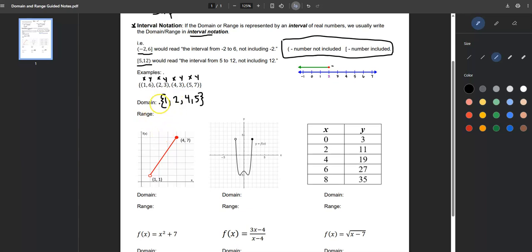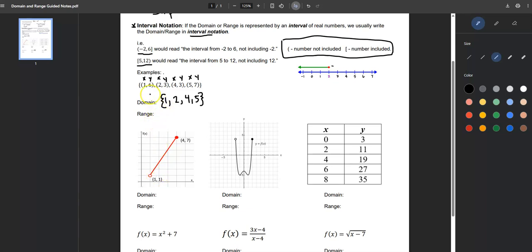Okay? And this would be my domain. I would just write it out. That's going to be different than this graph down here where it's at everything. It's continuous with lines, and there's all these dots, everything in between, like 1.5 and 1.4 and 1.7, okay?